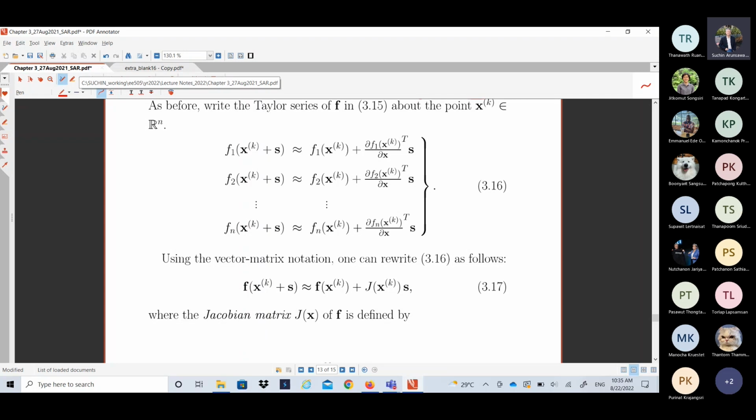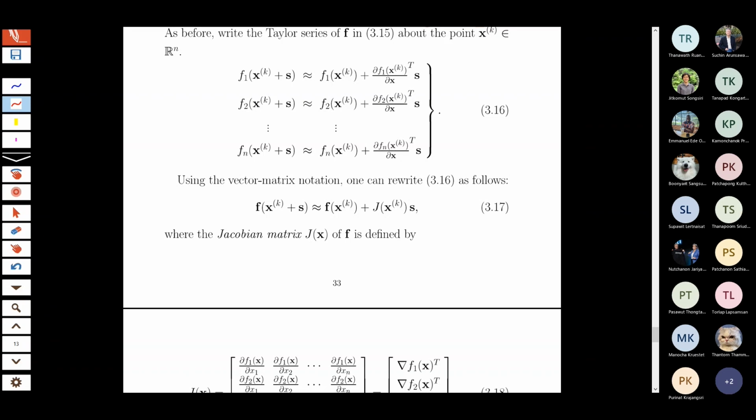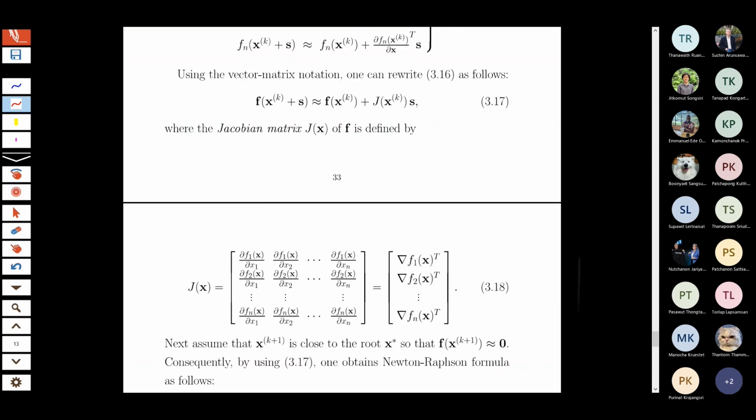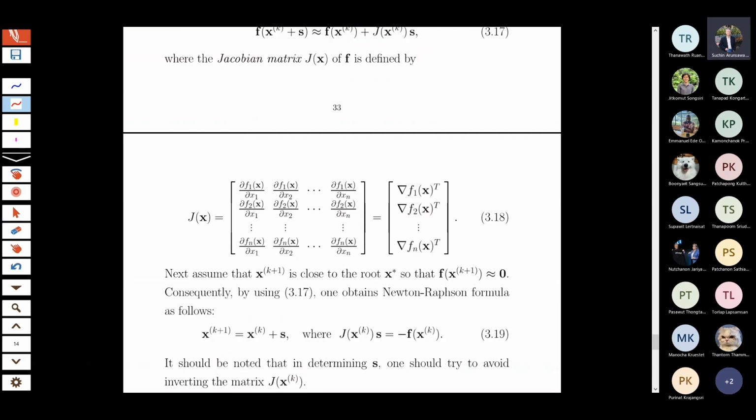What we obtain is that F(xk plus s) is approximately equal to F(xk) plus the Jacobian matrix J of xk multiplied with the vector s. From 3.16 we have 3.17, and in equation 3.18 we have how the Jacobian matrix is defined.